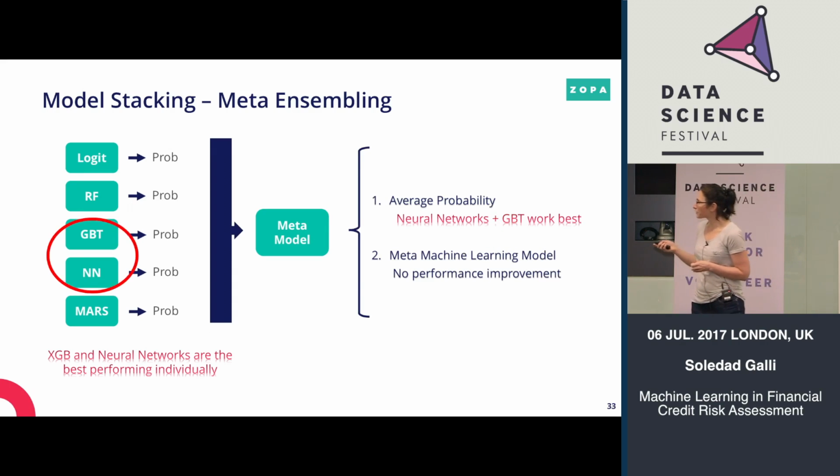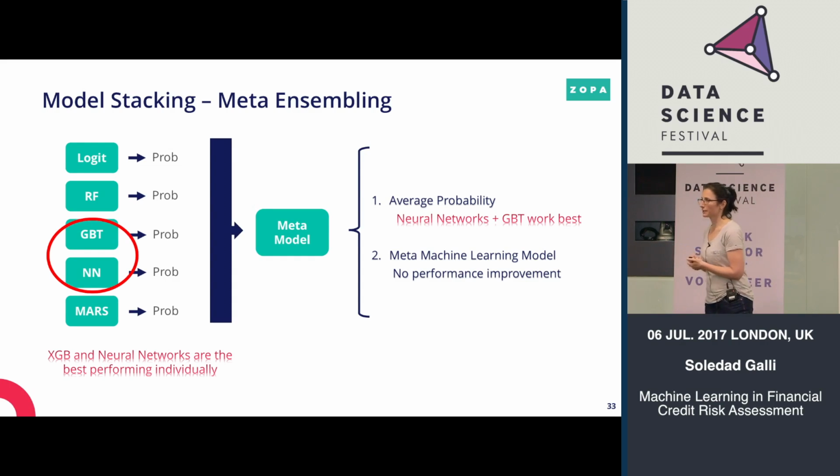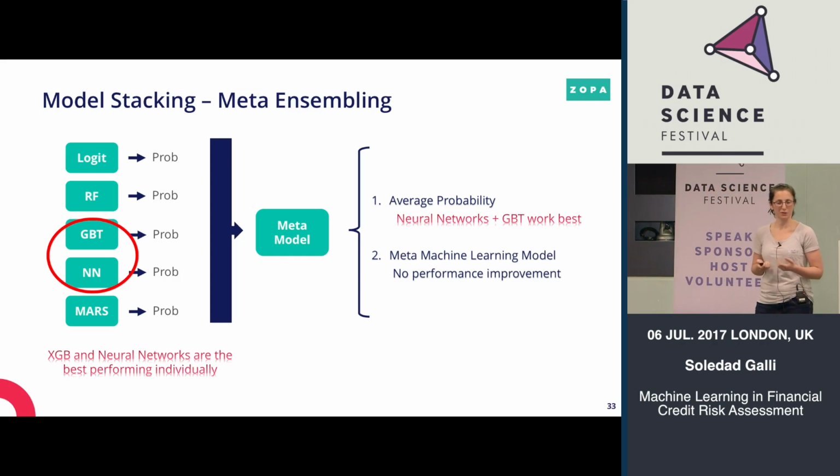What we have found at Zopa, unsurprisingly, is that gradient boosted trees and neural networks are the ones that produce the best predictions. And this is basically what you can see in any Kaggle competition and any other data set contest out there.